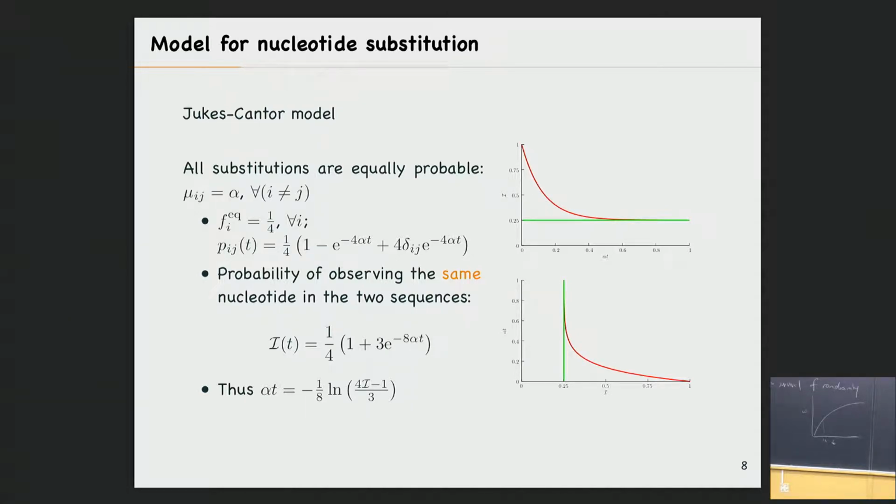The probability of finding the same nucleotide in two sequences is given by this form, which has 1/4 asymptotically and a time-dependent quantity. Out of that, you estimate the product of mutation rate times the time to the common ancestor in terms of the probability of observing the same nucleotide in the two sequences. So this is a way in which you can estimate mutation rates.